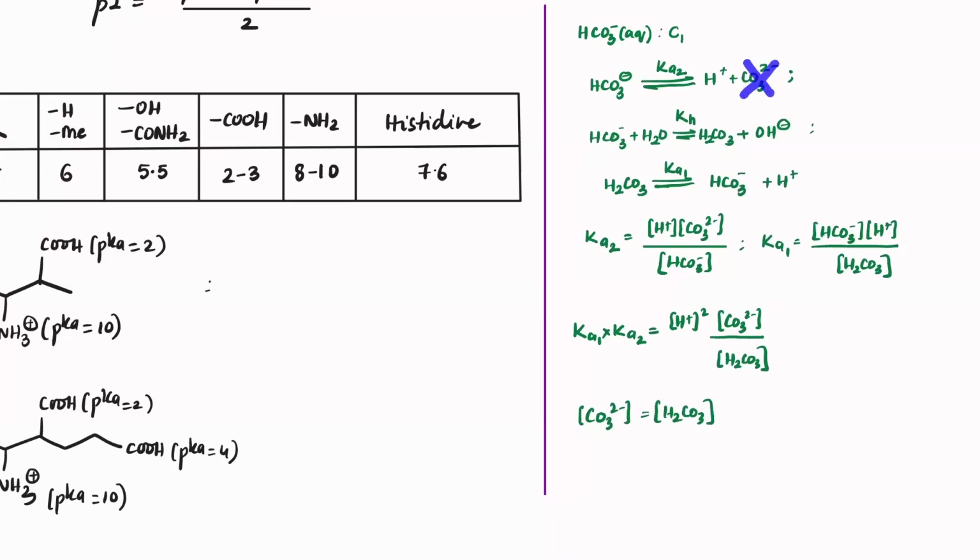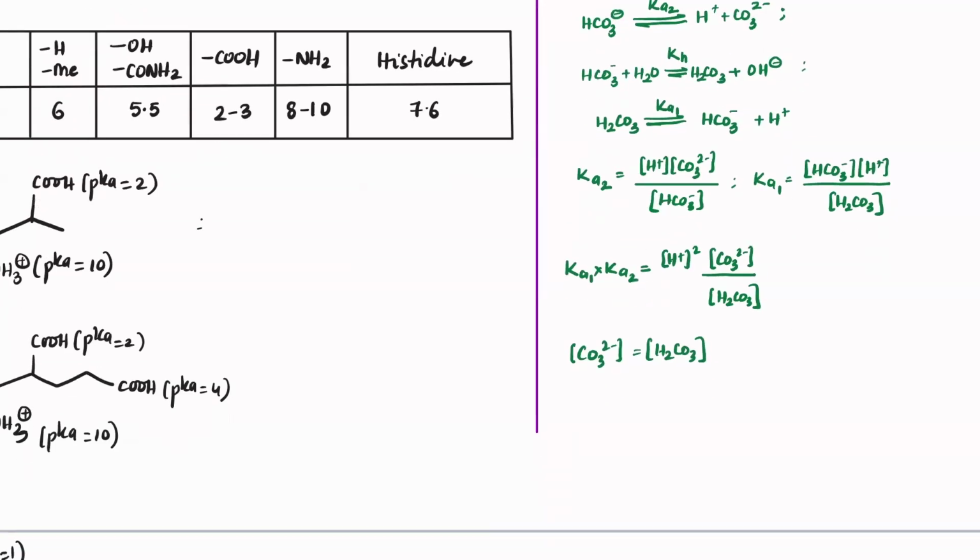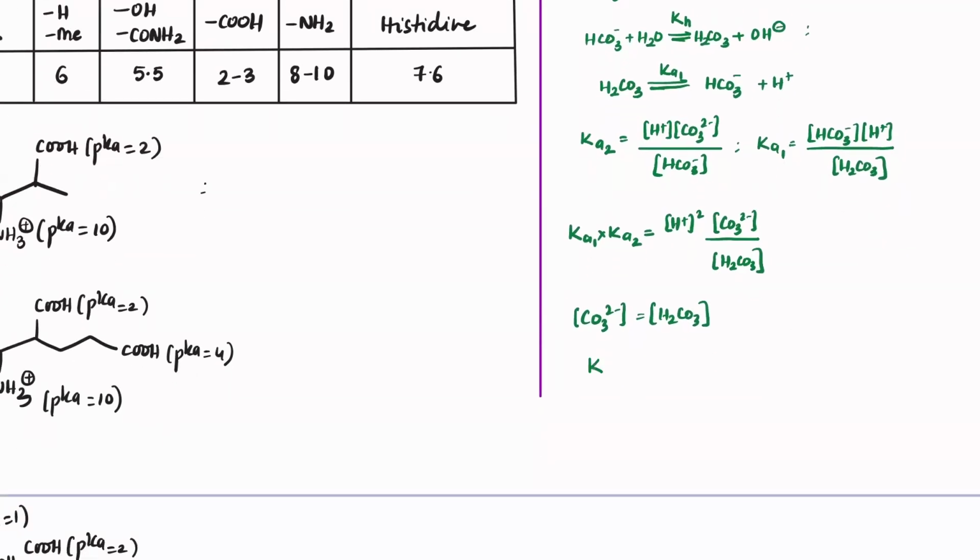Neither of these would be present in large quantity. So Ka1 into Ka2 will be equal to simply H+ squared. If I take the p value, pH is equal to half of pKa1 plus pKa2.